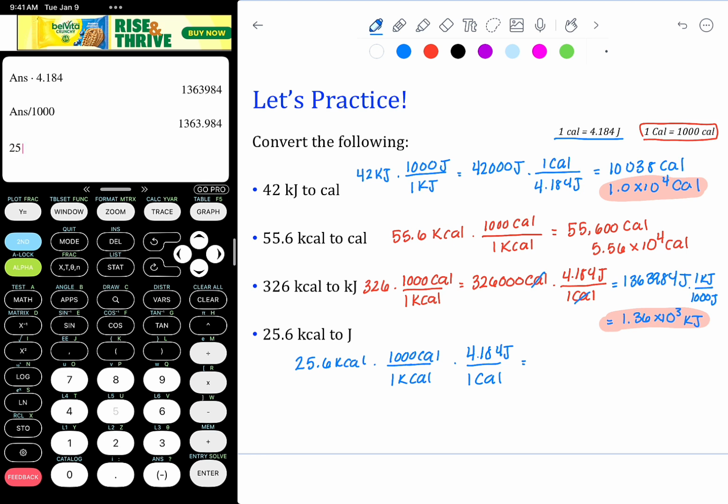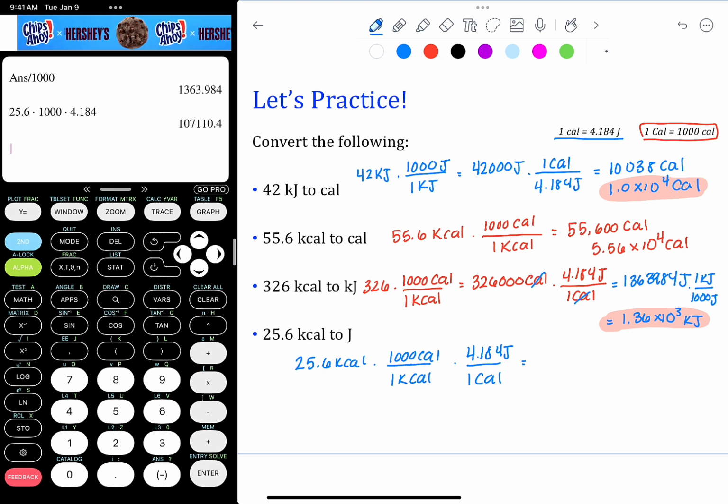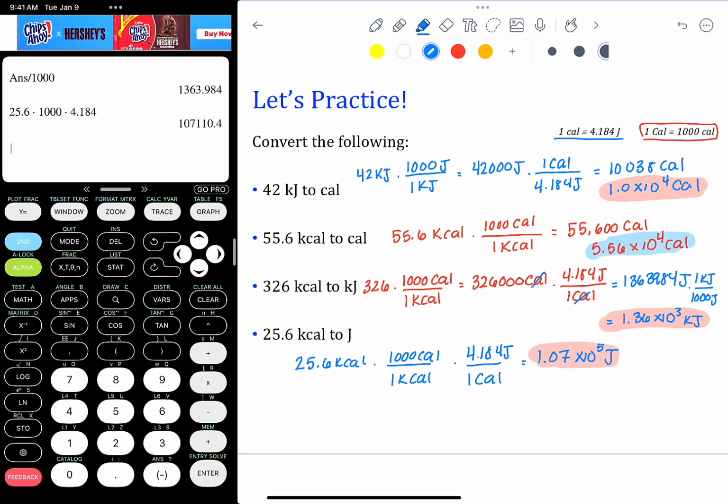So we take 25.6, multiply it by 1,000, and then multiply it again by 4.184. And with sig figs and scientific notation, we get 1.07 times 10 to the 5th joules. So there are the answers for these conversion problems.